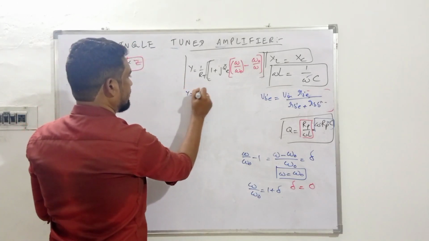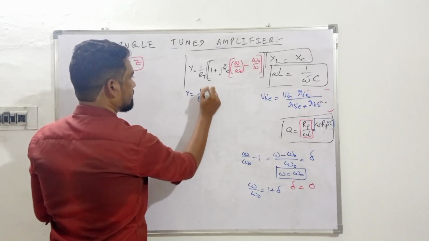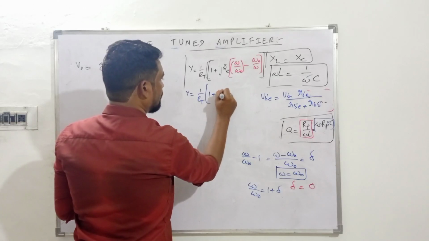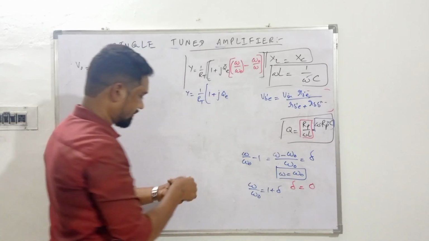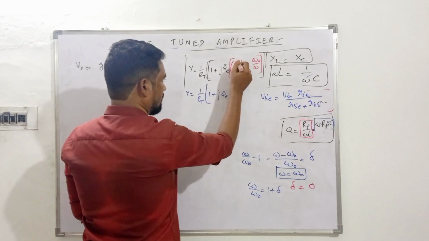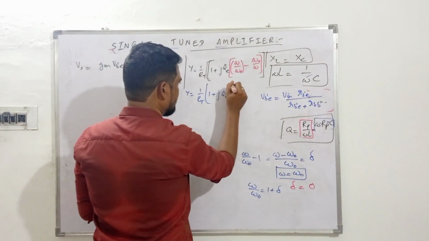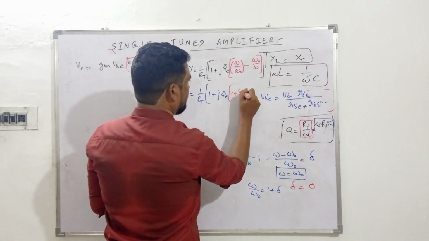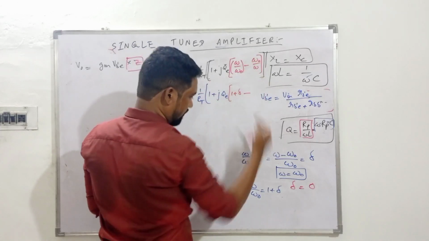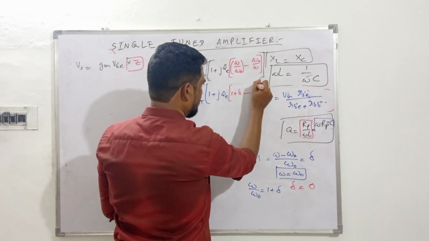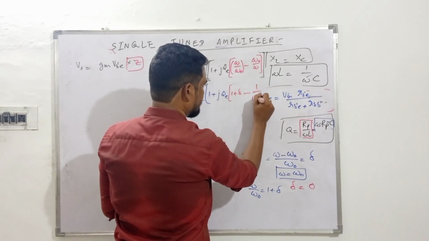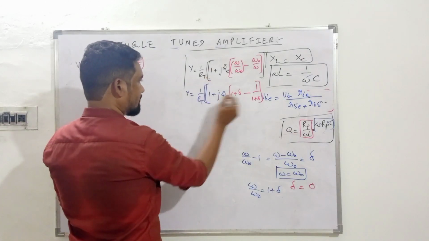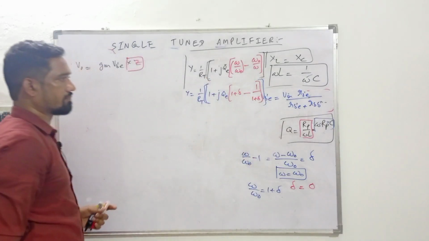So Y will be equal to 1 upon R_T, 1 plus j Q effective, and omega by omega naught is 1 plus del, minus omega naught by omega, the reciprocal, so it will be 1 by 1 plus del. So this should be closed, right?